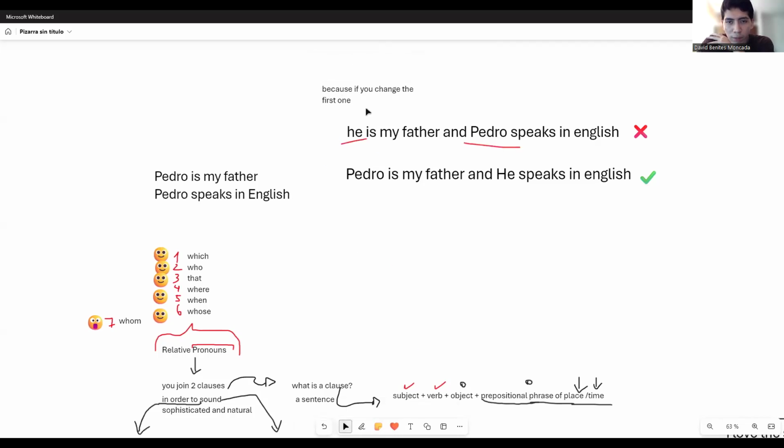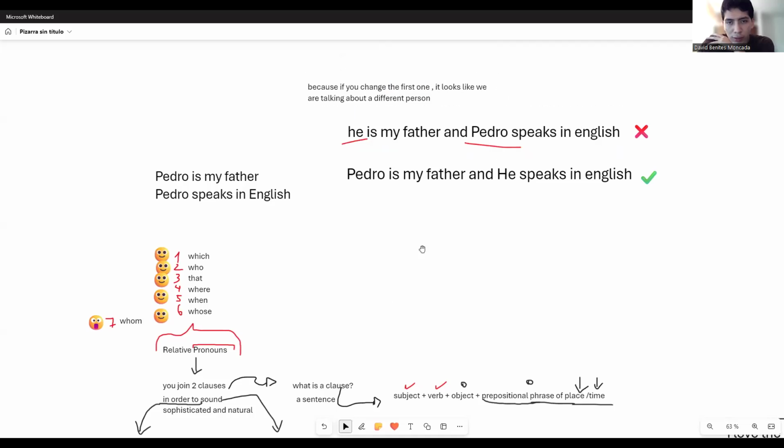If you change the first one, it looks like we are talking about the same person or a different person. A different person, you know? You say like, okay, here's my father and Pedro speaks in English. But if you say Pedro is my father and he speaks in English, it is the same person, right? So this is why this is incorrect. Did you understand?